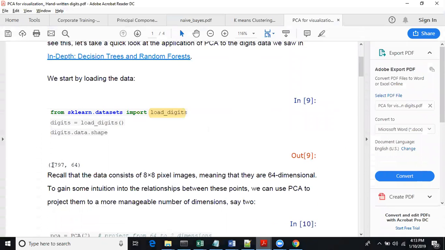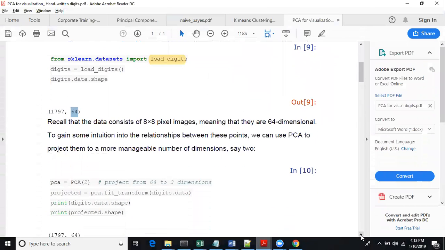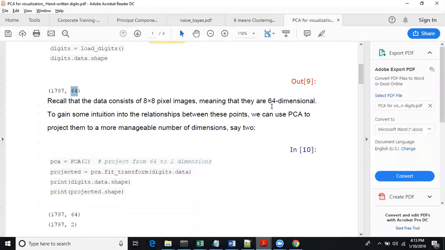So all these 1797 images between 0 to 9 have 8 by 8 pixels, that is 64 dimensions. And when we apply PCA, we can project from 64 to 2 dimensions. So they are a little bit different. I will try to tell you.